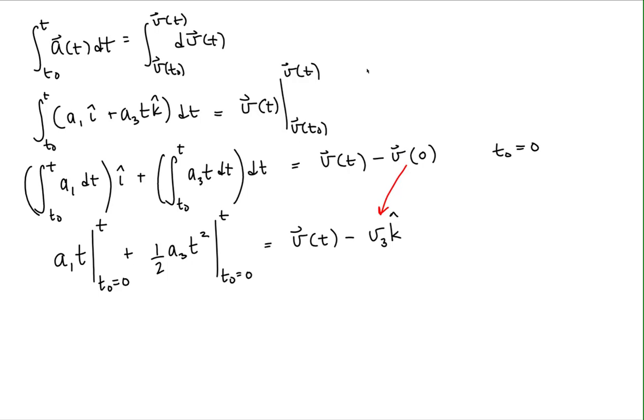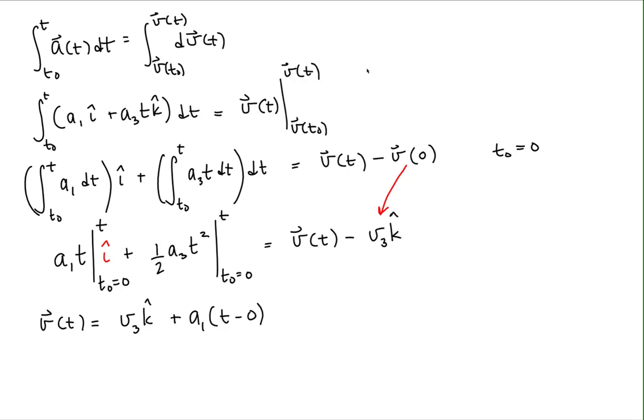Let's flip this equation around to put the velocity as a function of time on the left. So our velocity as a function of time is equal to v3 k hat plus a1 t minus 0. That's plugging in the limits of integration for the x component of our acceleration, and I have to go back and put that x component here because I forgot to write that.